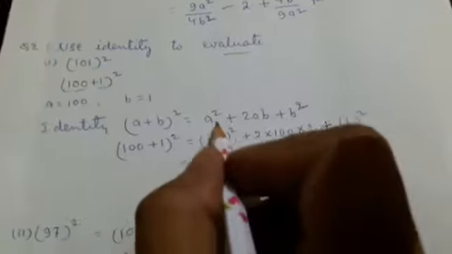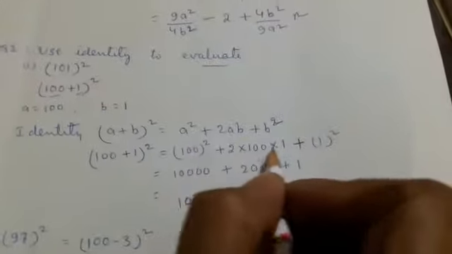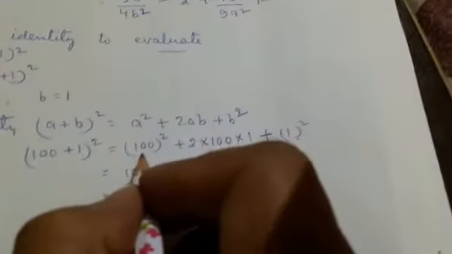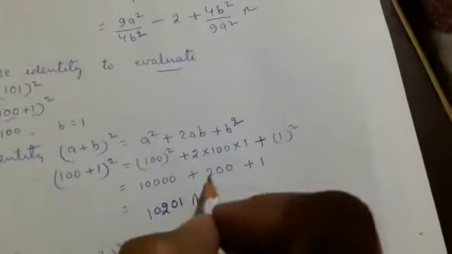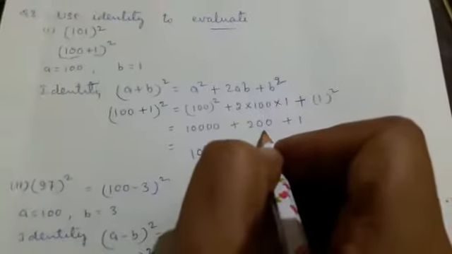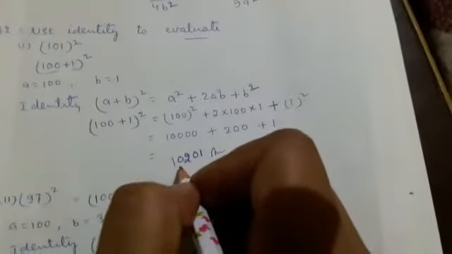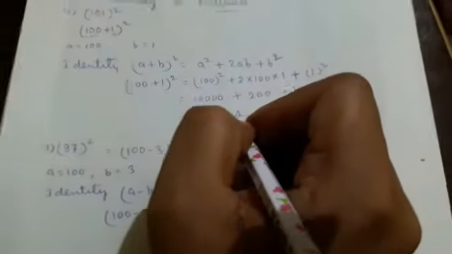Let us put in their values. (100 + 1) whole square equals 100 square plus 2 into 100 into 1 plus 1 square. So 100 square means 10,000, plus 2 into 100 into 1 is 200, plus 1 square means 1. After adding you will get 10,201 as our answer.